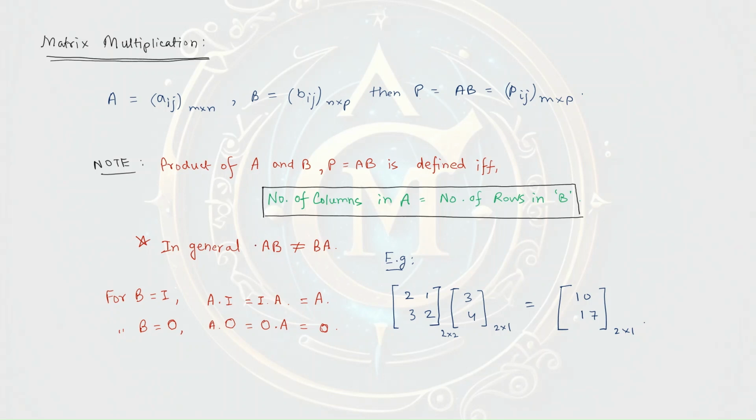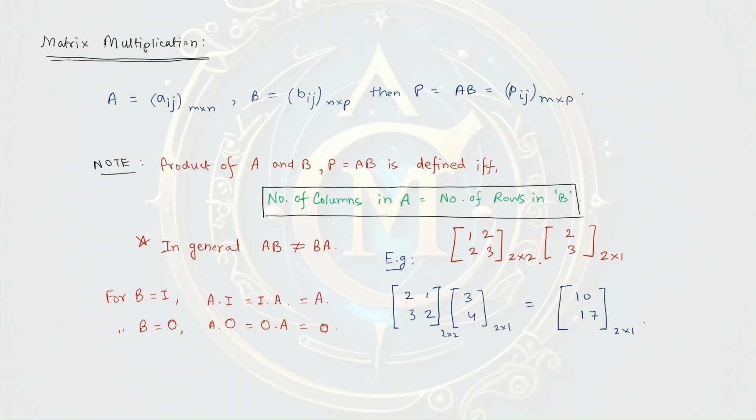Now we can also say that the product of two matrices A and B is defined. So let us take the case AB is defined. Then BA may or may not be defined. For example, if you take the case 1, 2, 2, 3, this is a 2 by 2 matrix. You simply multiply it with a matrix of size 2 by 1. Now this 2 by 1 matrix we can take as anything, 2, 3, let's say.